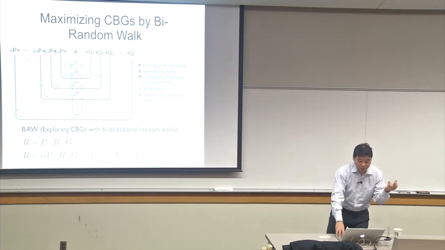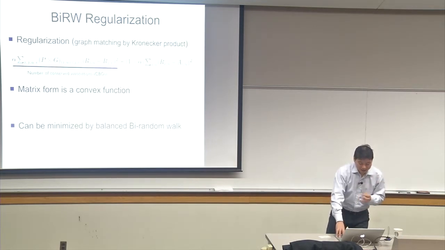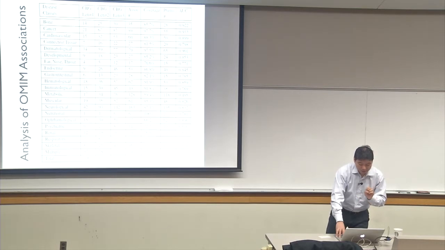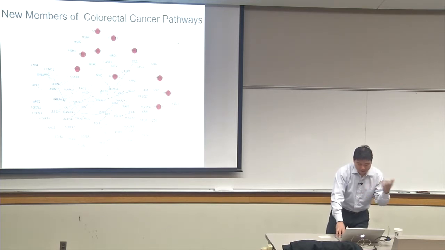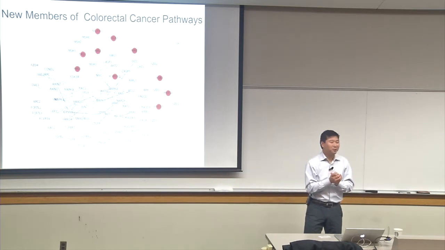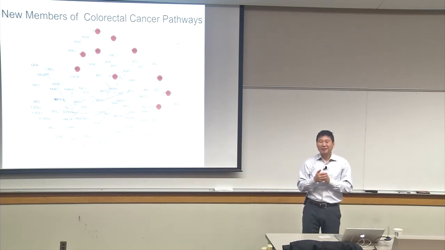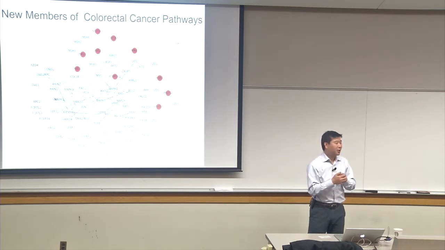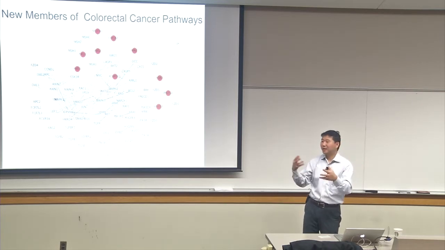It's actually extremely simple. But basically, it's surprising that the model is very simple and the results are very good. It's because there is a lot of information in the network.